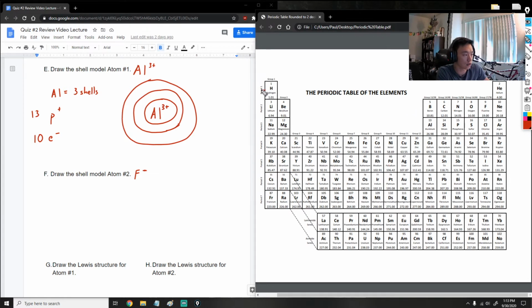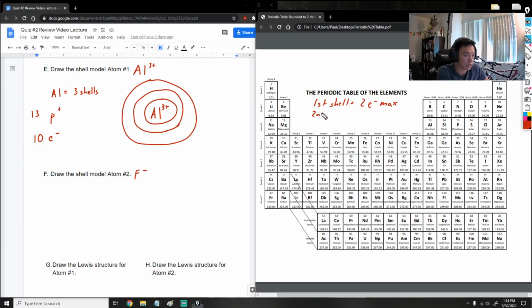If you look at this first row, how many boxes are there? There's 1, and then there's 2. So that means the first shell can have 2 electrons max, because there's 1 box, 2 box.